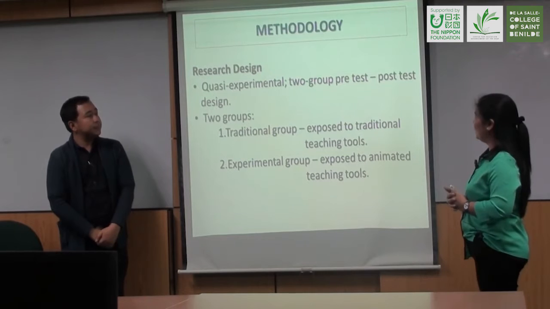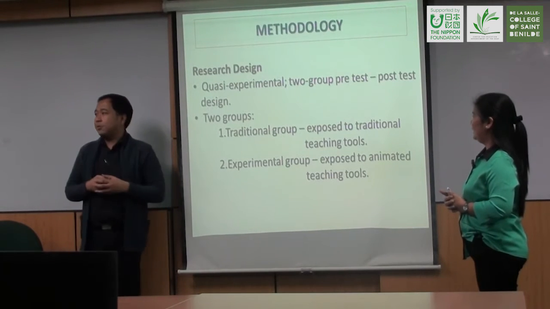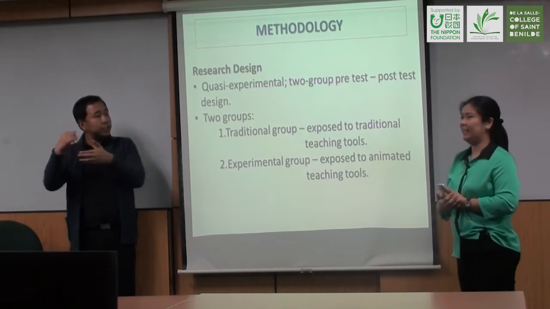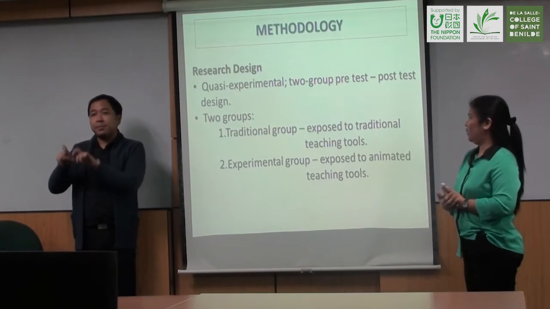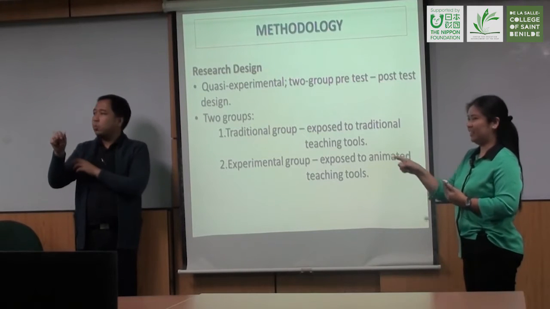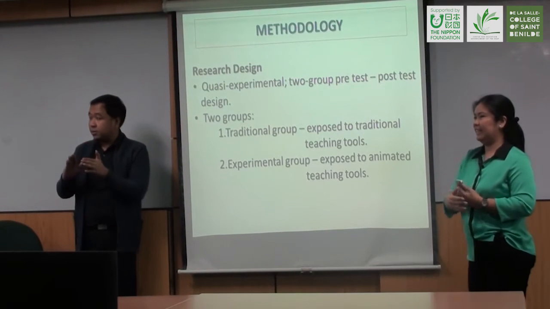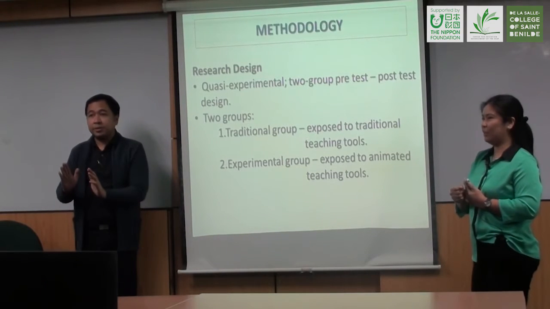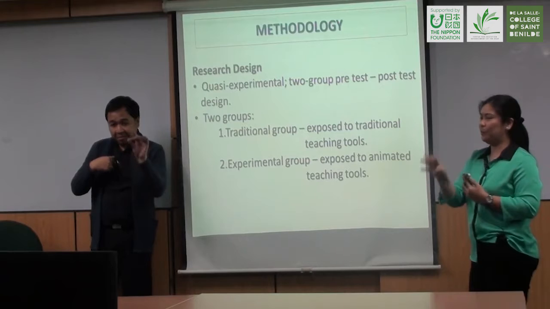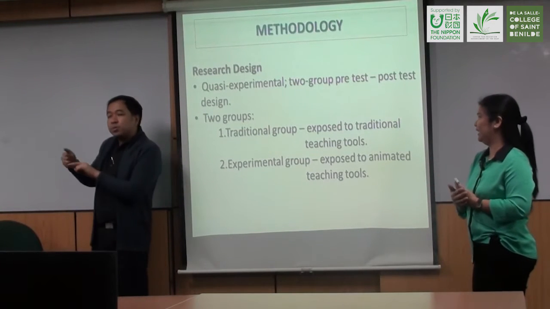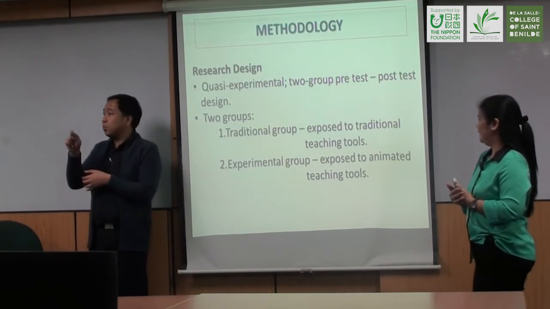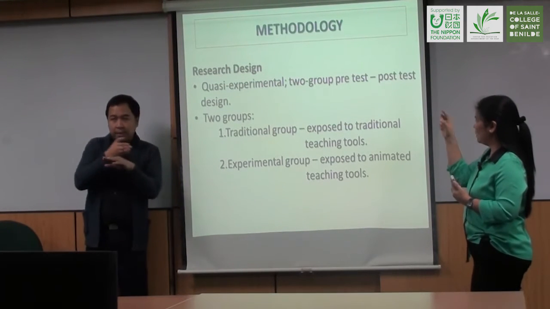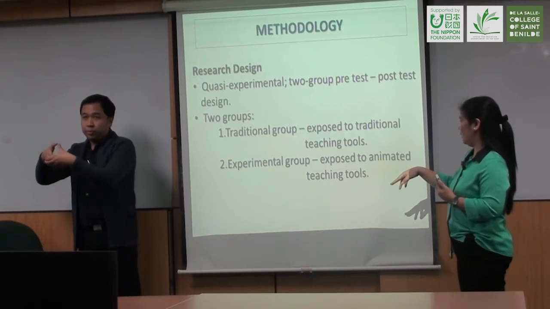Okay, now it's the methodology. So the research design is quasi-experimental. So it's quasi, which means the students are not randomly assigned to a group. The researcher doesn't have a chance to choose to put this kid in this group or that group. So it's a two-group pre-test post-test design. The two groups are the traditional group and the experimental group.